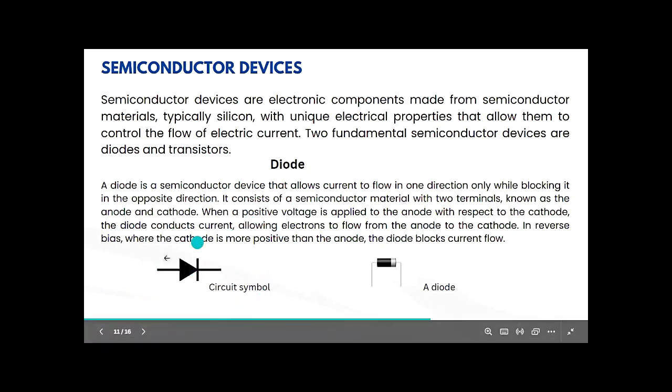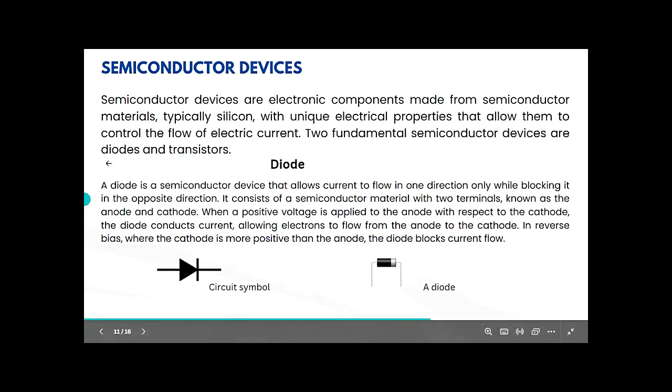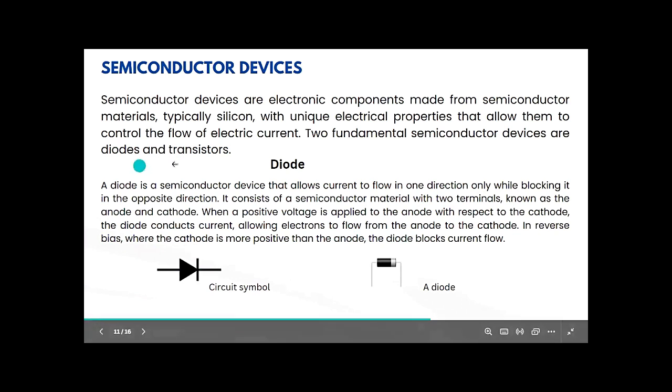But in a reverse bias, the energy terminals are swapped: the cathode is connected to the positive terminal and the anode to the negative terminal. This makes the diode serve as a blocking device, which will not allow the current to flow in this direction.